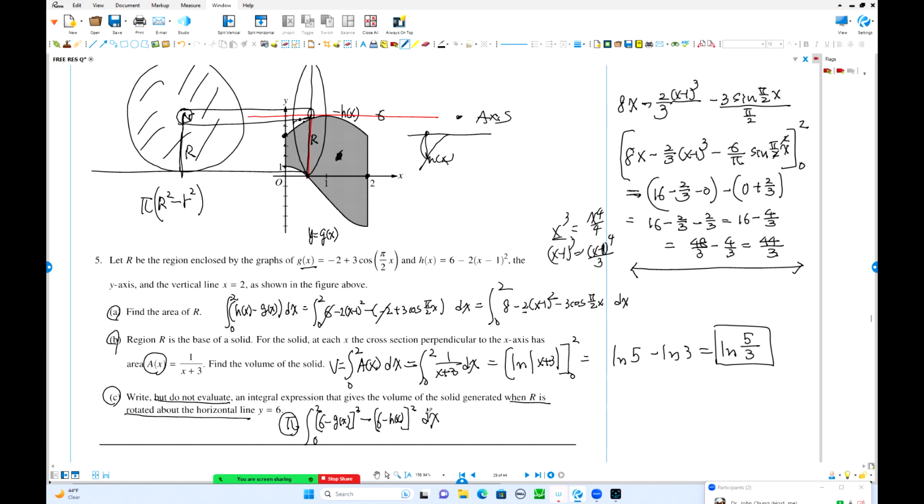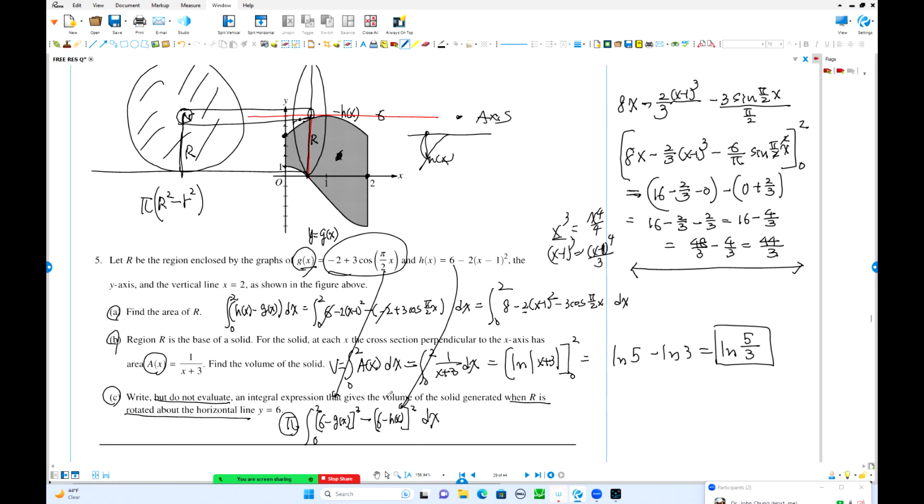Actually, we don't need a calculator. It's just to show this is okay. In this case, you can replace with the g of x given over here, but you don't have to, because we don't have to evaluate. To evaluate, you could put the numbers in. But you can leave g of x and h of x. That's fine.